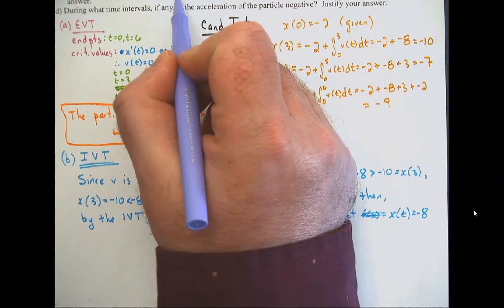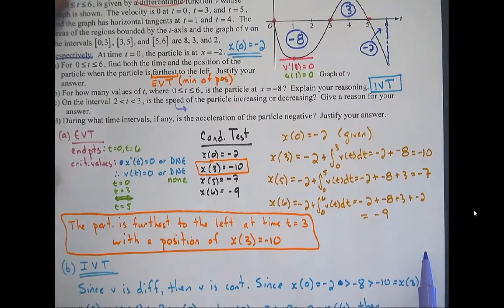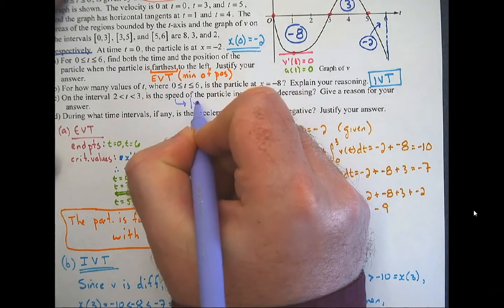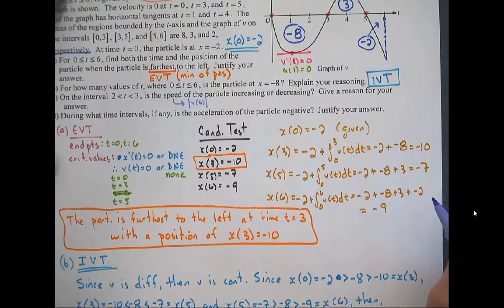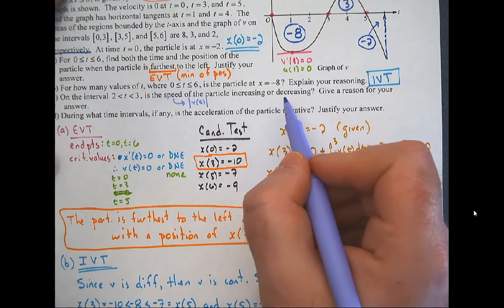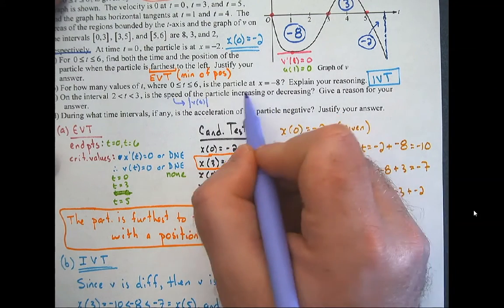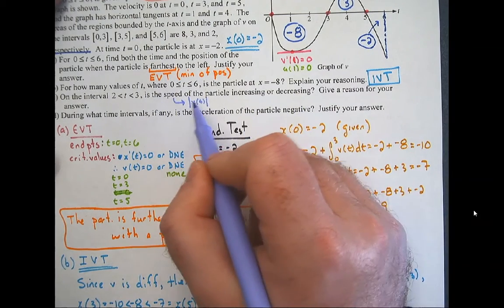What do we know about speed? Is speed velocity? No, speed is absolute value of velocity, first of all. Speed is just how fast you're going, doesn't matter which direction. And then when is speed increasing and when is speed decreasing? There's 2 things that you have to look at. It's not as simple as just looking at the velocity.